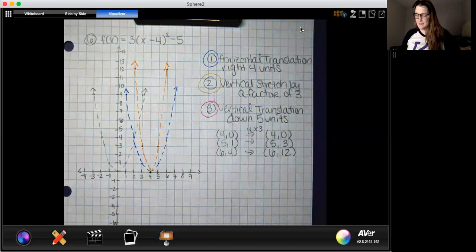Okay, last but not least is our vertical translation down 5 units. So each of my points are going to go down 5.